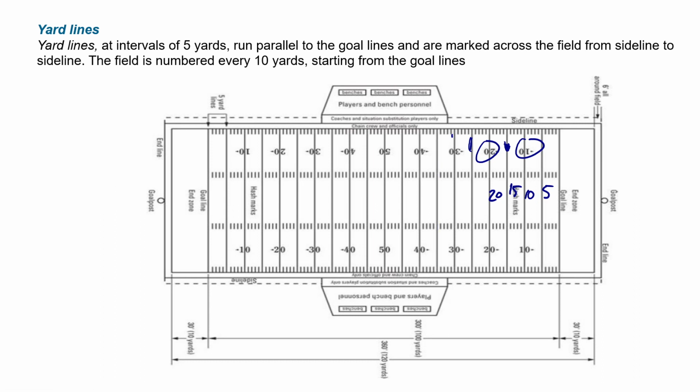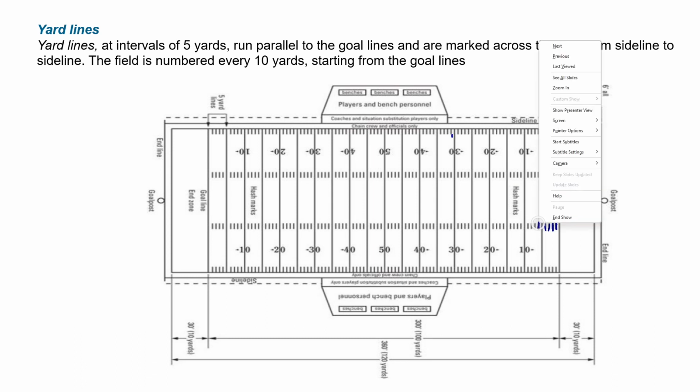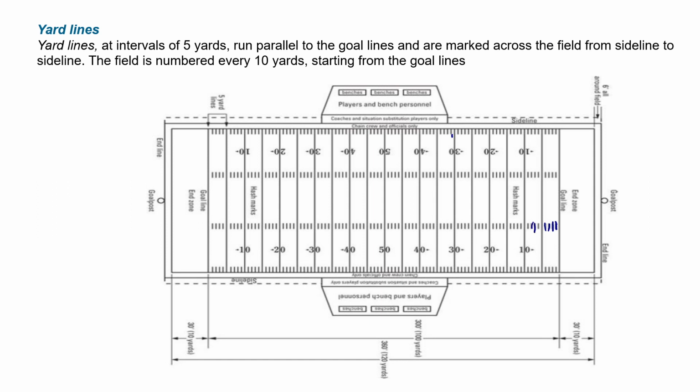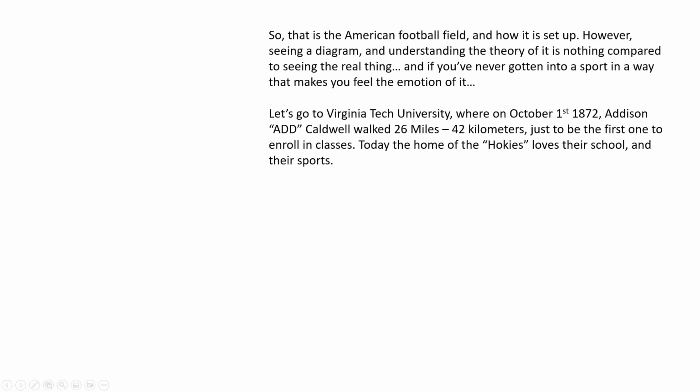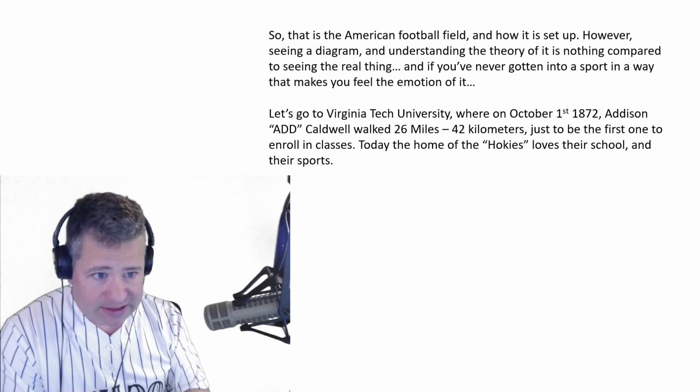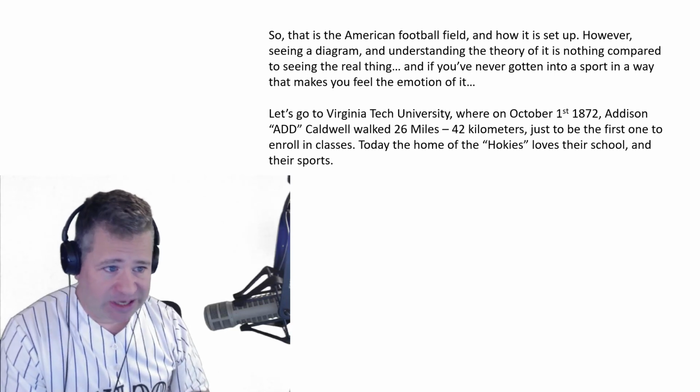Each of these is 5 yards, or approximately 5 meters, and these hash marks designate a single yard. So that'd be 6, 7, 8, 9, and there's 10. These are what the markings mean.